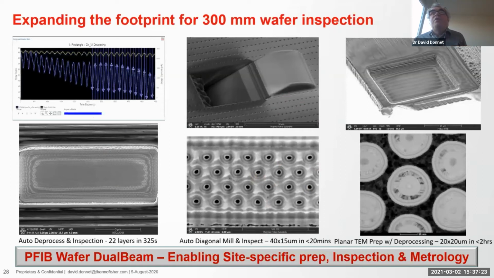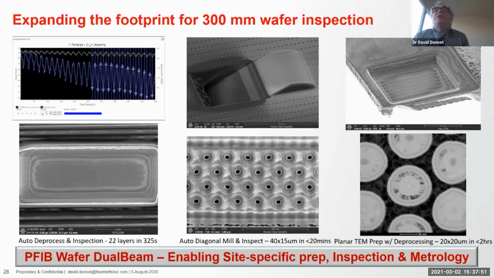So they can do this in an automated fashion in many positions on the wafer in a very short space of time and get huge amounts of statistics. So this is really important for the fab industry. And then as well, they can also do lamella preparation, as we discussed, and get very large areas for analysis, and again, huge numbers of statistics.